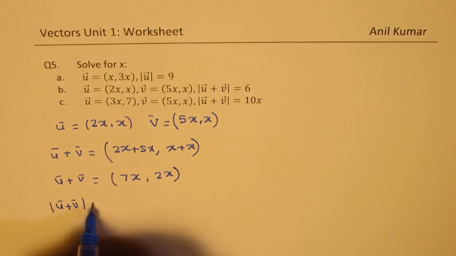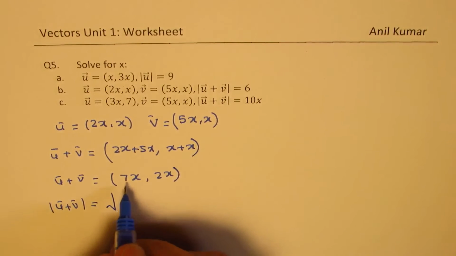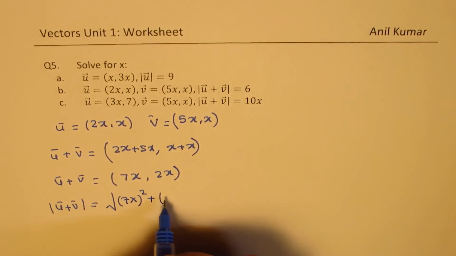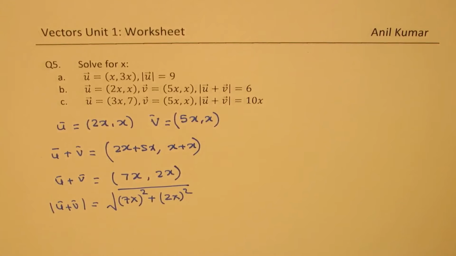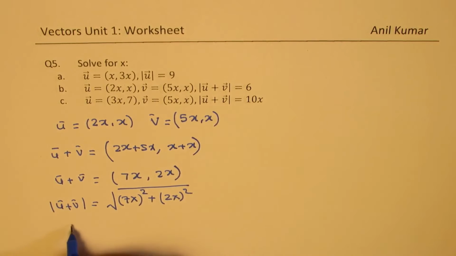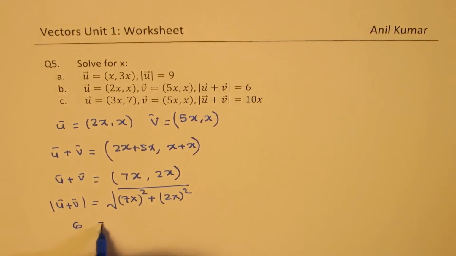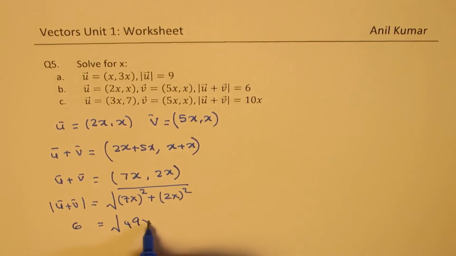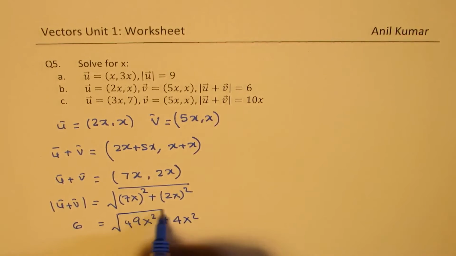Well, the magnitude of this vector will be square root of (7x) whole square plus (2x) whole square, right? Now this magnitude is given to us as 6, right? So we can write this as 6 is equal to square root of 49x squared plus 4x squared.